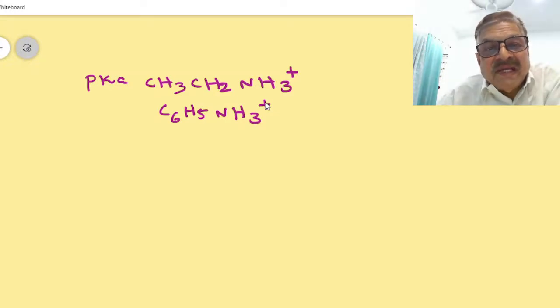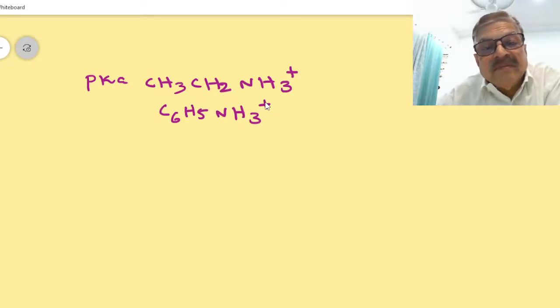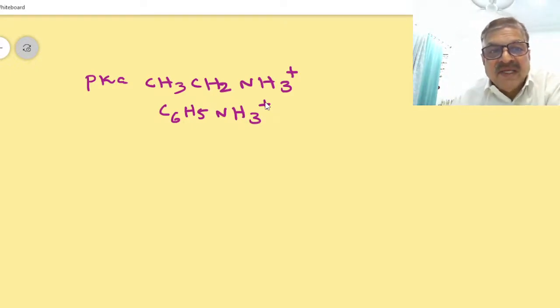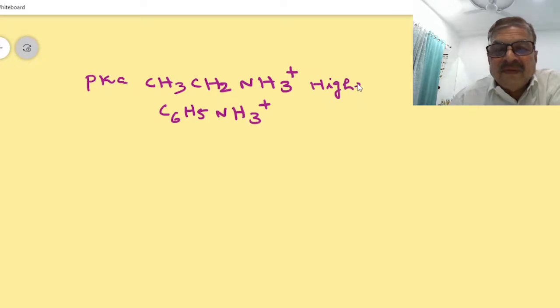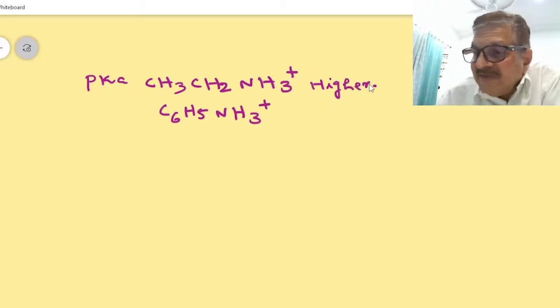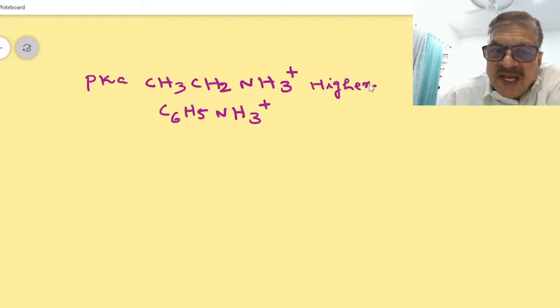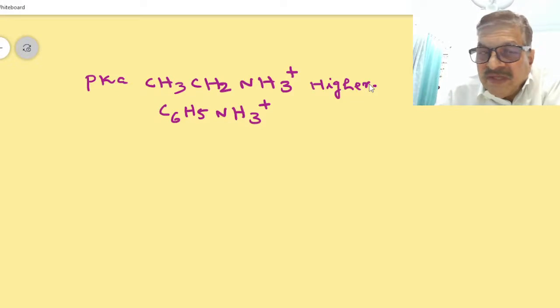Therefore, there is a weaker acid here. Weaker acid means stronger base. A stronger base will give a weaker conjugate base. Correct. So the pKa in the case of ethylamine is higher compared to the pKa value of C6H5NH3+, the conjugate acid of aniline.